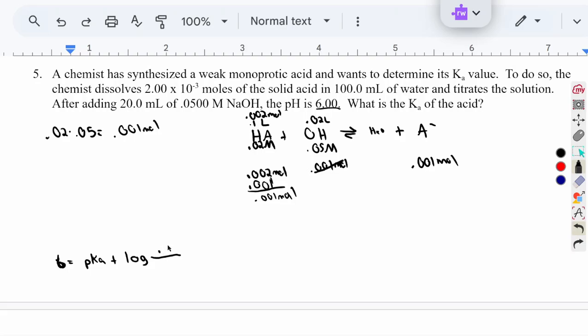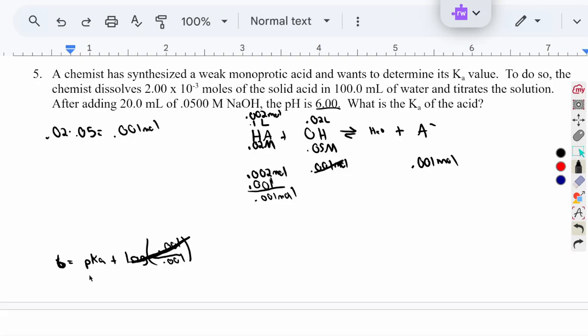We're going to get 0.001 over 0.001. Now you could just put it into your calculator, but the log of 1 is 0. So if you have equal amounts on top and bottom, that just goes away. So my pKa is 6.